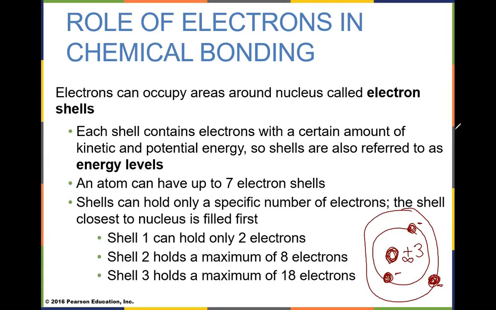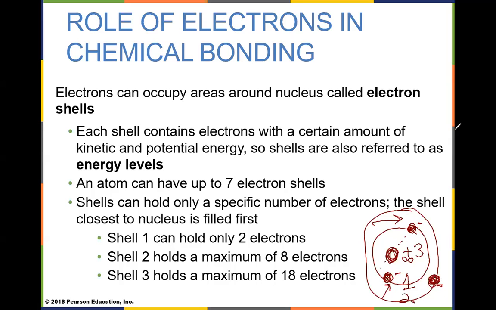Now, the closer you are to the nucleus, the less potential energy those electrons have. So these electrons here in the very first shell, this is shell number 1, and this is shell number 2, have to spend all their energy avoiding getting sucked into the nucleus.